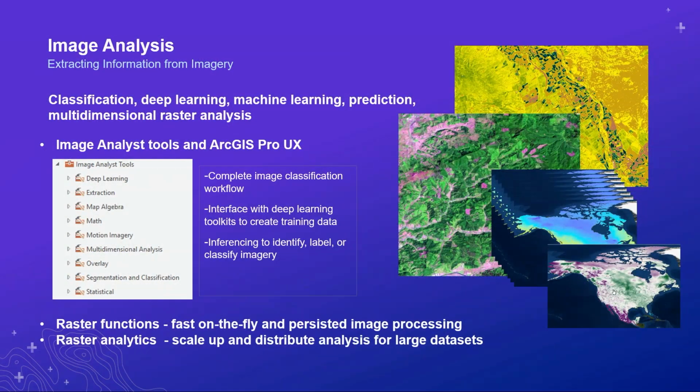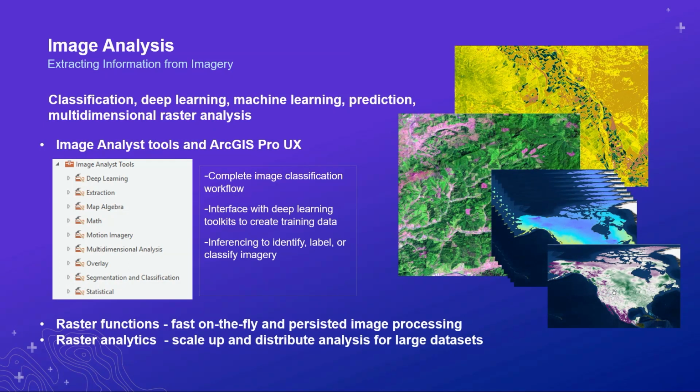For analysis, ArcGIS supports many image classification methods, such as random forest, the SVM method, and of course the maximum likelihood classification method. It also has the capability of deep learning, machine learning, and trend regression, and many multidimensional raster analysis capabilities.